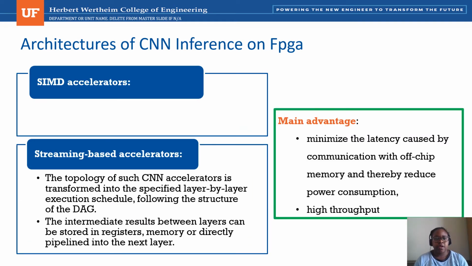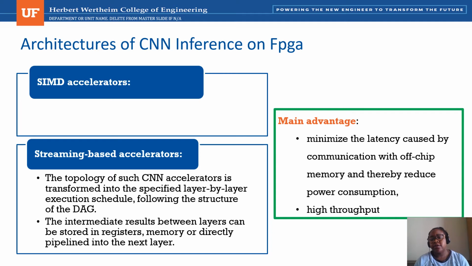Now, regarding the streaming-based accelerator, this type of accelerator usually tailors the hardware to the target network. The topology of such a CNN accelerator is transformed into a specific layer-by-layer execution schedule following the structure of the directed acyclic graph. The directed acyclic graph is the topology used to represent a CNN. The intermediate results between the layers can be stored in registers, memory, or directly pipelined into the next layer.